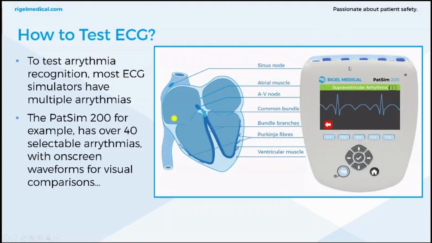In this example, we've got atrial flutter, and it shows how it compares to the electrical signals of the heart. It's characterised by a re-entry loop in the atria, and it causes the atria to beat at a rapid rate.